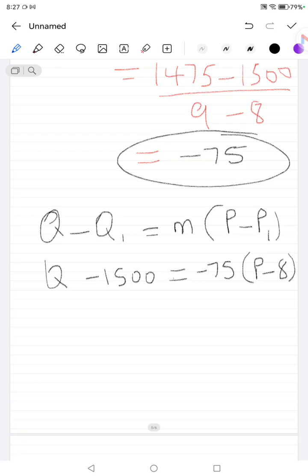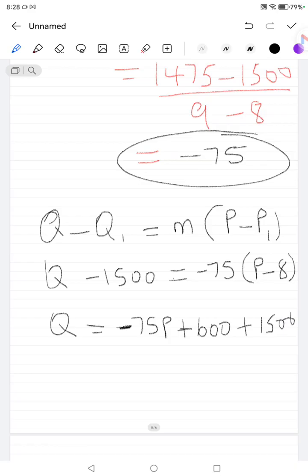Then Q is equal to minus 75P, then 75 by 8 gives you 600, plus that 1,500.